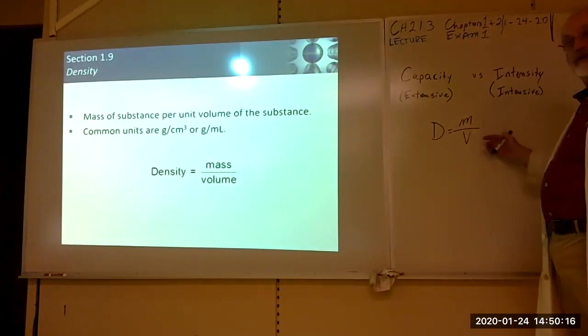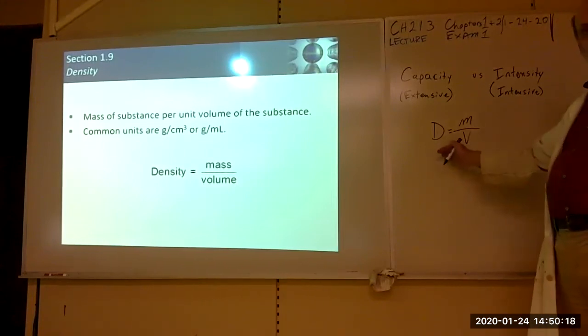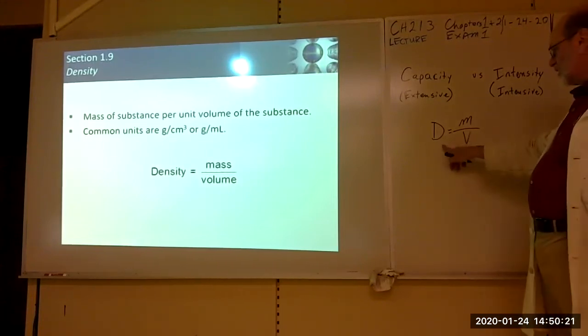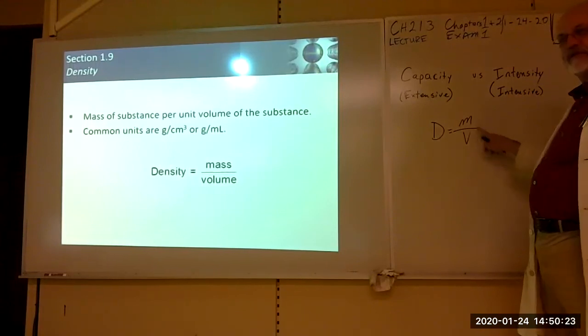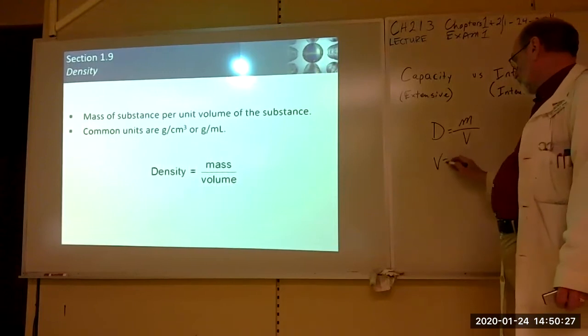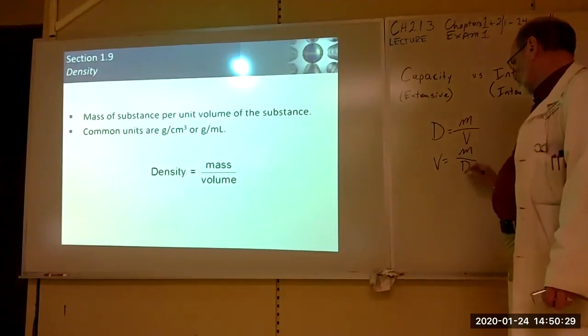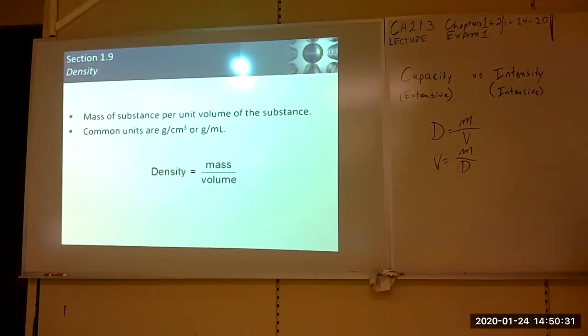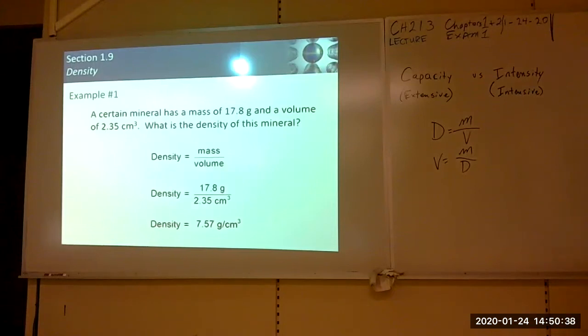If you know the mass and you know the volume, you can calculate the density. If you know the density and you know how much mass you have, you can find out what volume that represents. Just solve for volume. Right? And likewise, you can solve for mass.